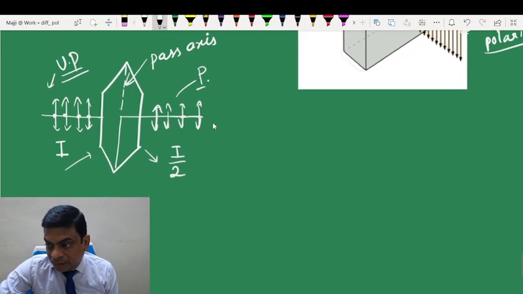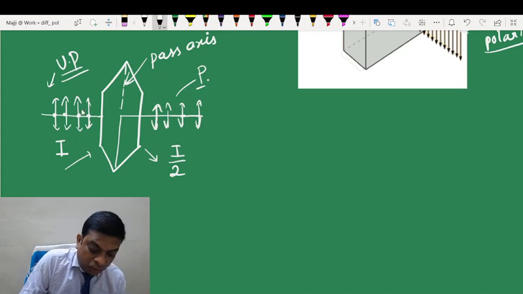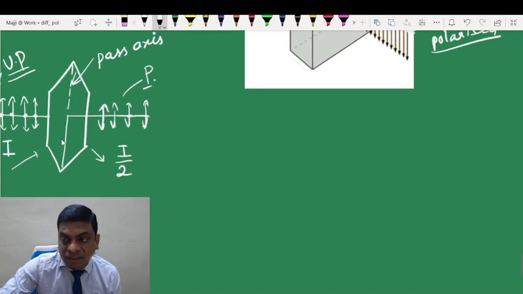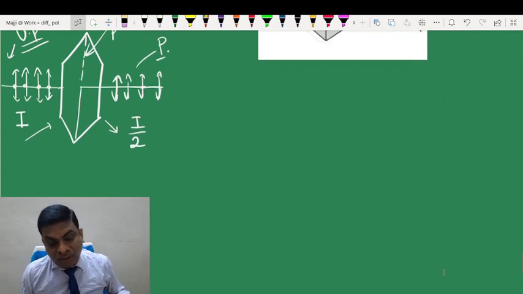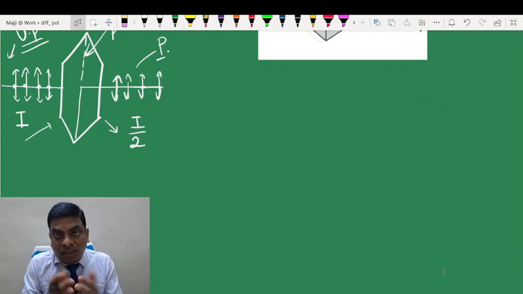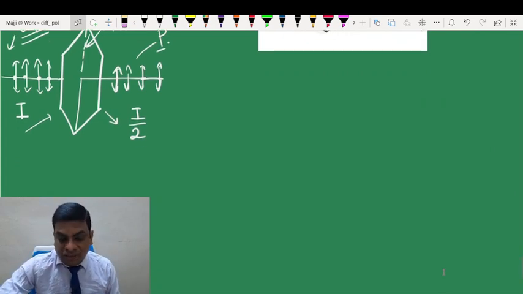Now, let me explain why we show all the components of unpolarized light by these vertical arrows and dots. Is it enough, or is it logical to represent it that way, in spite of the fact that we know that electric field vectors are practically pointing in all possible directions?